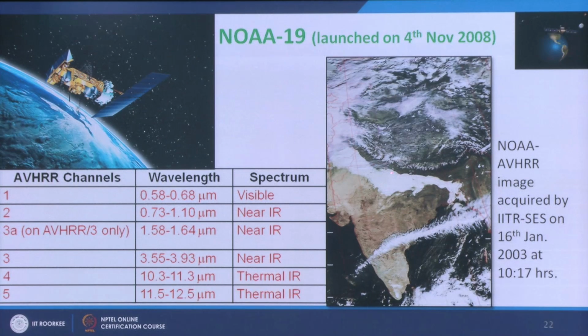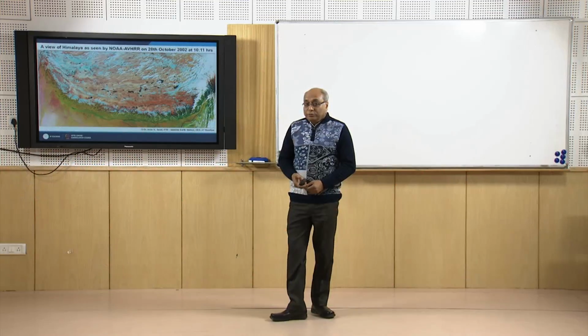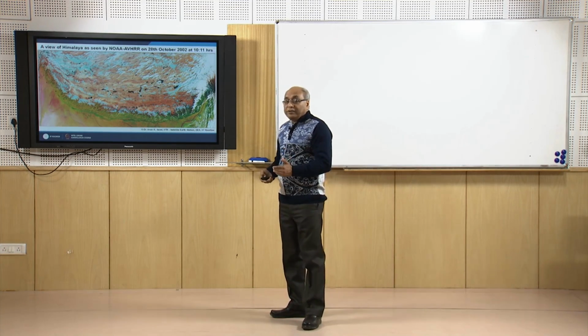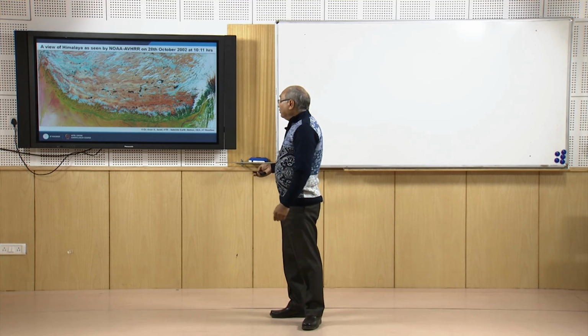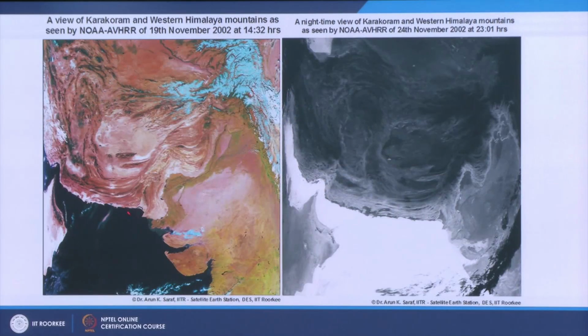Same with the clouds, and these relatively coarser spatial resolution data are very useful to cover a large area and to monitor things for a large part of the earth. Again, these are the visible channels, so a false color composite here, which I have already discussed. This is the thermal channel, which is something like X-rays and shows the emissivity.